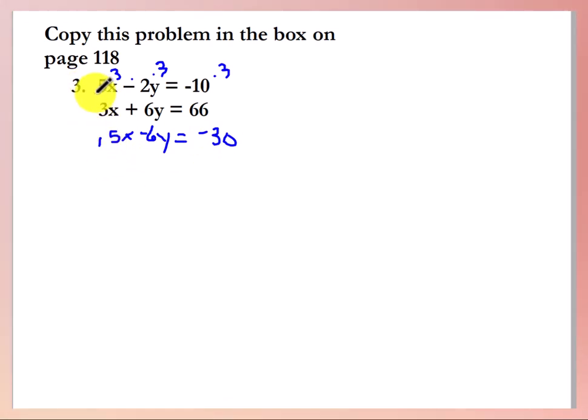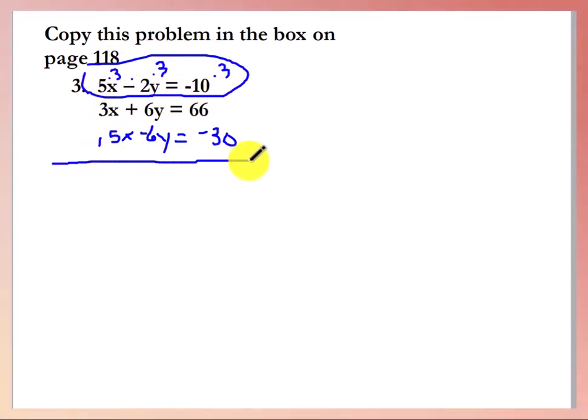All right, so remember I changed this equation and I wrote it underneath so I can have everything lined up and add my x terms. My y terms will cancel out. That's going to be 0. 3 plus 15 is 18x. Don't need to write the 0.